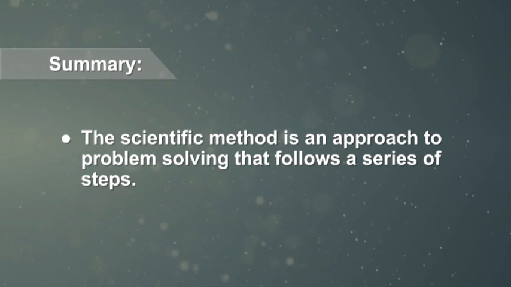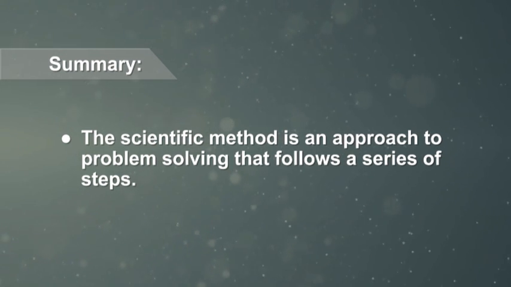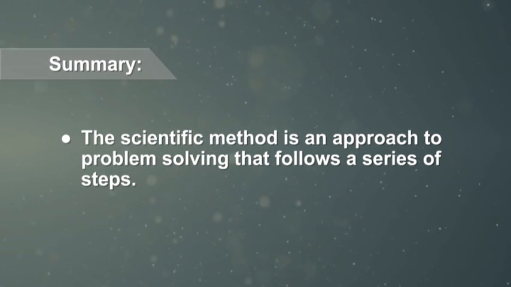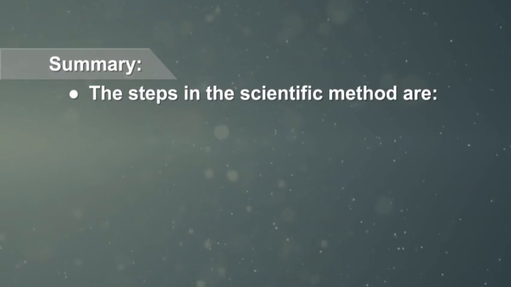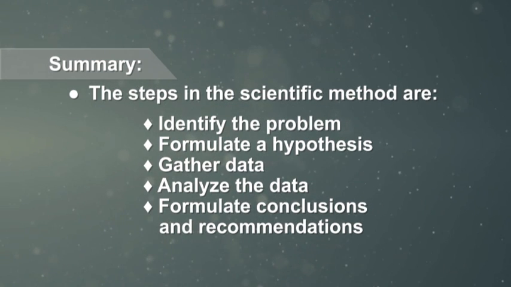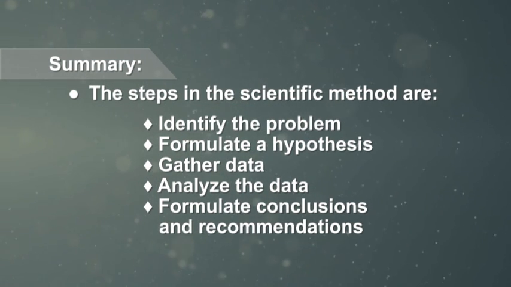The scientific method is an approach to problem solving that follows a series of steps. The steps in the scientific method are: identify the problem, formulate a hypothesis, gather data, analyze the data, and formulate conclusions and recommendations.